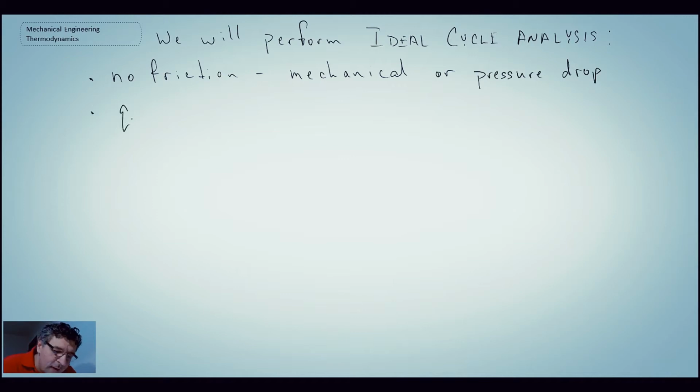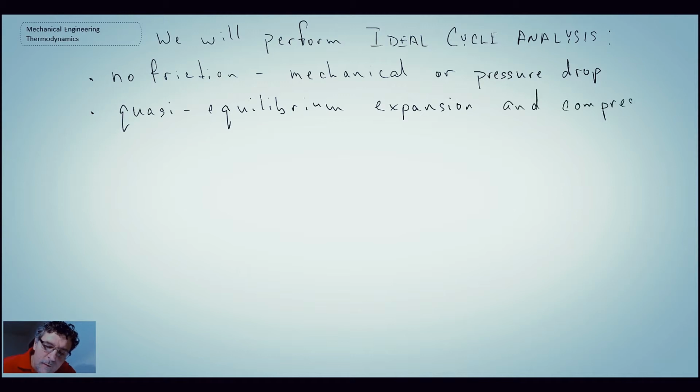We're assuming that things are operating in a quasi-equilibrium manner. And that's typically for our expansion and compression processes. Expansion is where you get the power. Compression, you have to put the work in order to compress the air or the air-fuel mixture.